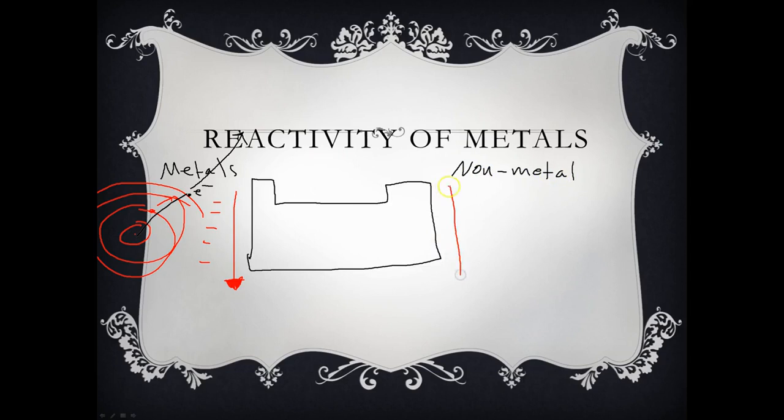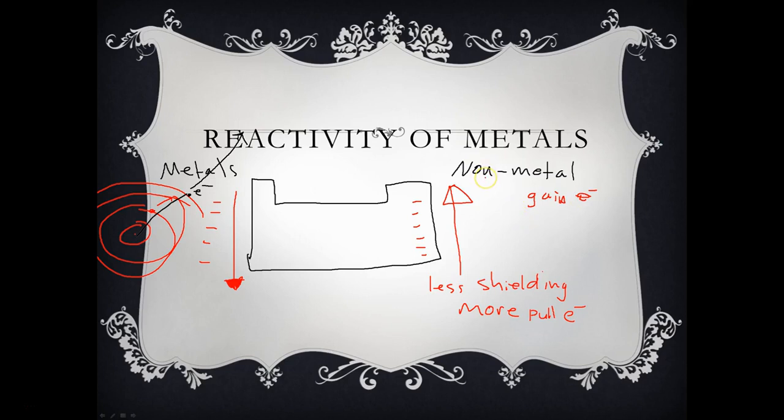Okay, and let's make sure we understand this. As you go up the periodic table, you have less shielding. Which means more pull. So you have more pull in those electrons. Nonmetals want to gain electrons, and they have high electronegativities, right?